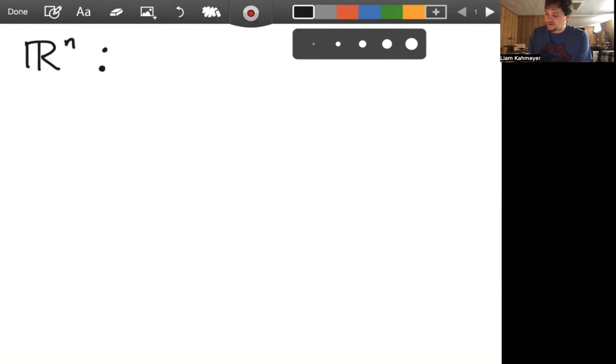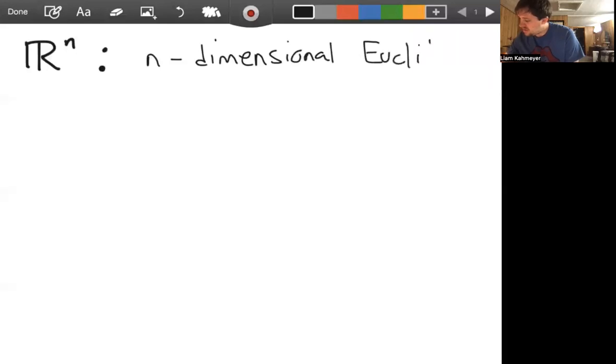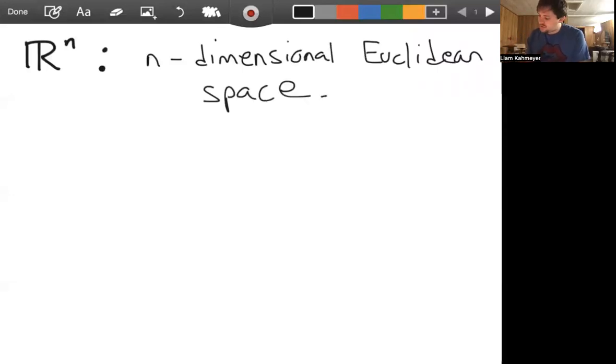This R here is called a blackboard R. This stands for n-dimensional Euclidean space. Just to build some intuition here, because unfortunately for n bigger than 3, our mind loses an idea of what that means or would even look like.